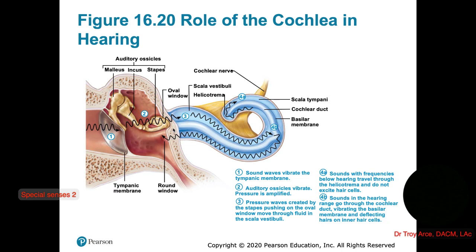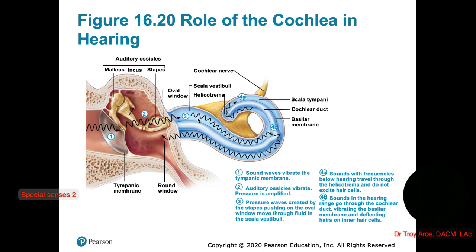And it's pushing on the oval window, moving through fluid in the scala vestibuli. So this is your scala vestibuli, runs down through there, and you have two parts of the sound.